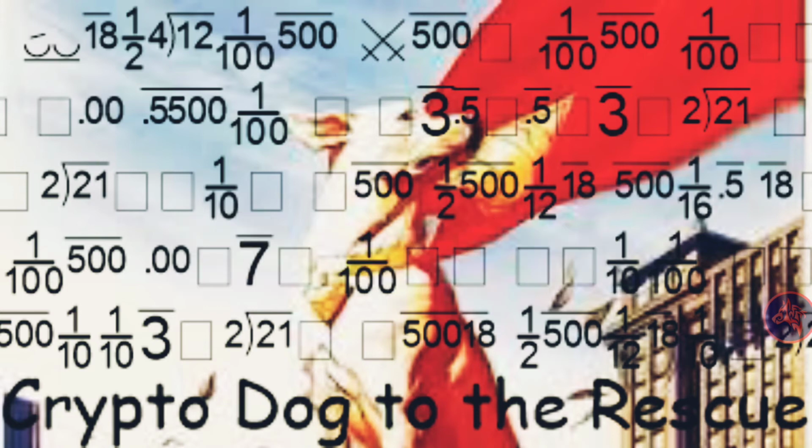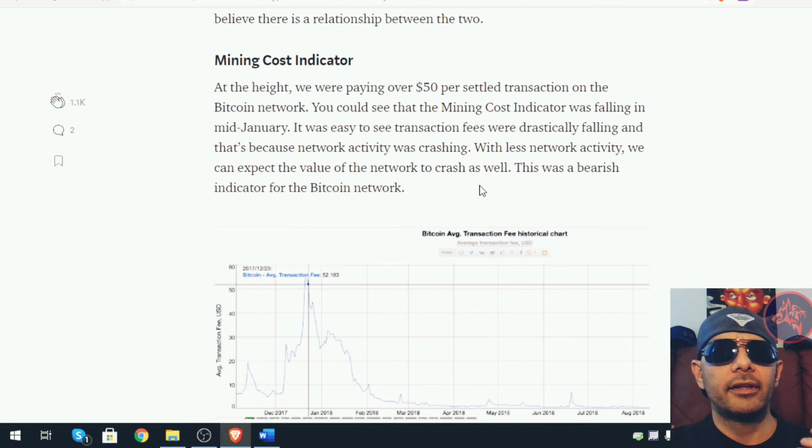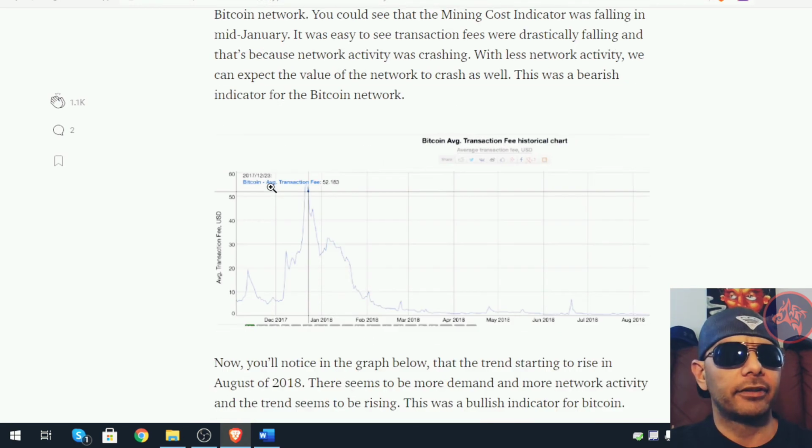So, mining cost indicator: at the height, we were paying $50. You could see the mining cost indicator was falling in mid-January. It was easy to see. Transaction fees were drastically falling, and that's because network activity was crashing. With less network activity, we can expect the value of the network to crash as well. This was a bearish indicator for the Bitcoin network.